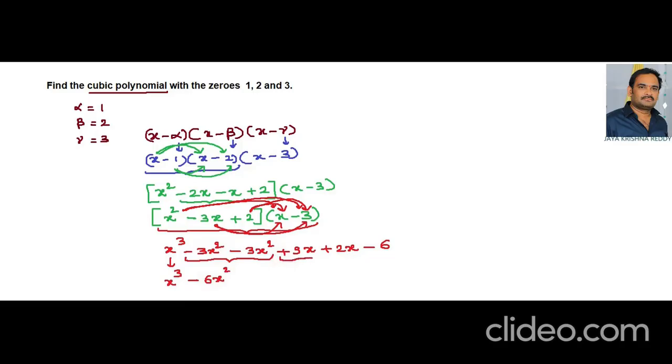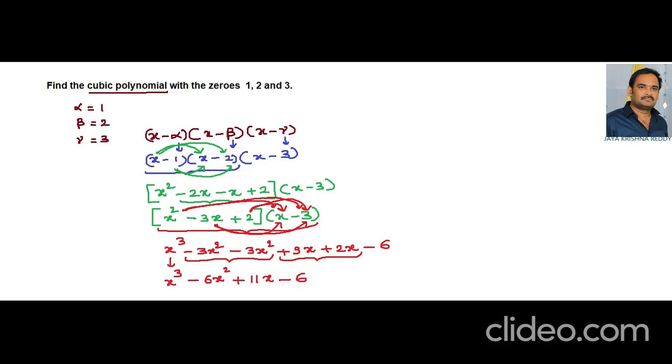And next you have two x terms. So which is the bigger one between 2x and 9x? 9x is the bigger one. Both are having same symbol, so keep the same symbol, plus, and you have to add them, 9x plus 2x, it is 11x, and the constant term is minus 6.